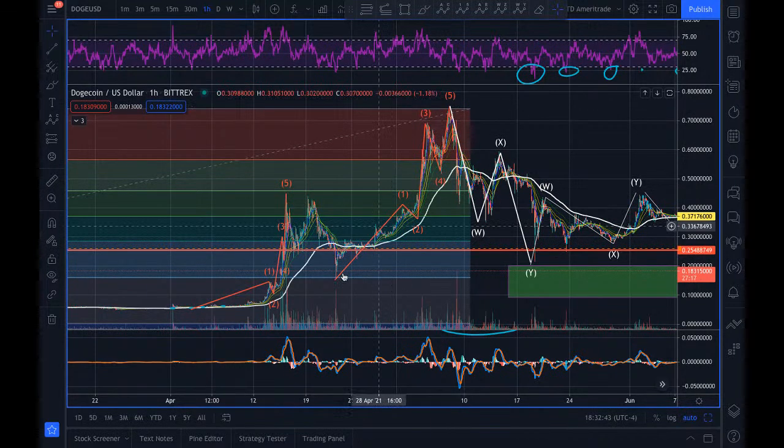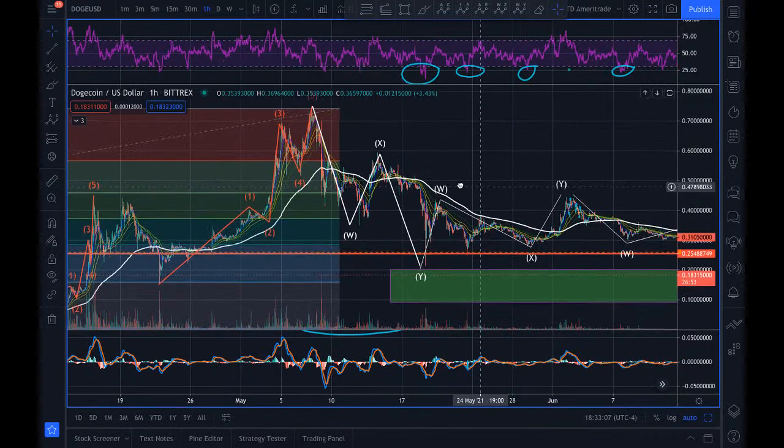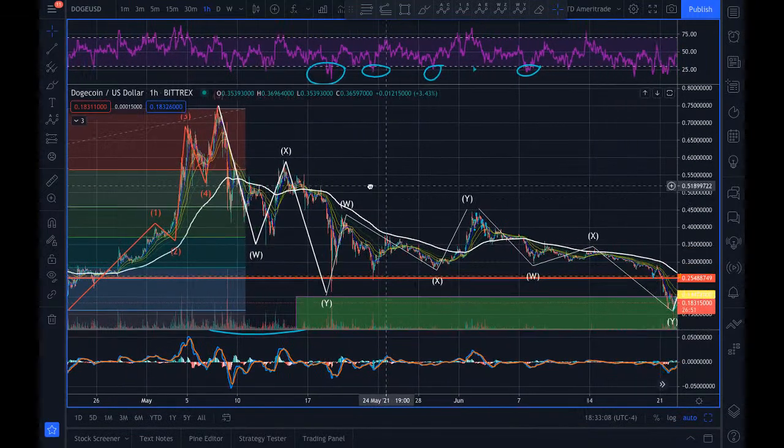If you've been watching my videos, then you should understand that at least a little bit. I've been talking about Elliott Wave theory the whole time. And after it crashed right here, I was able to buy this bounce and make some money off of that bounce. And also I bought this bounce. So this has been pretty easy.